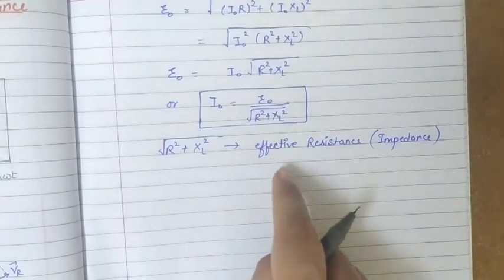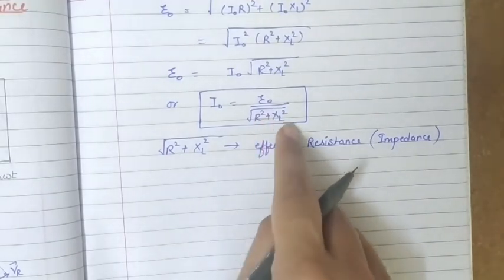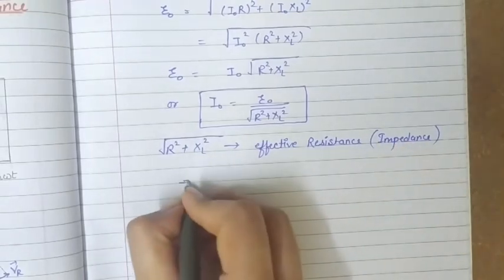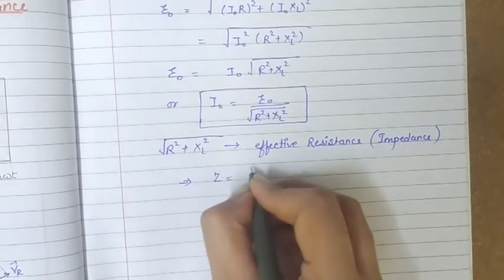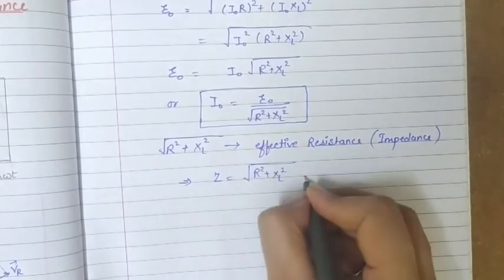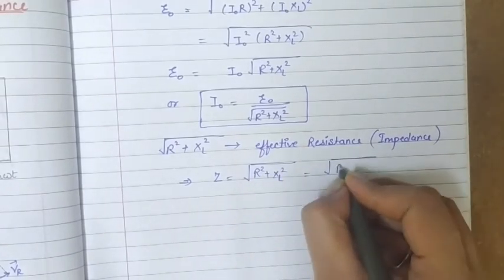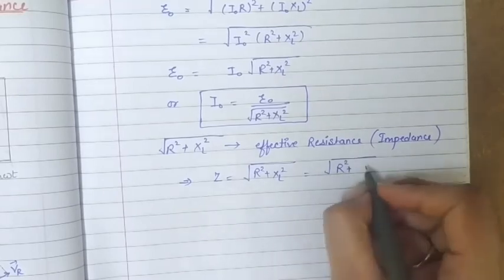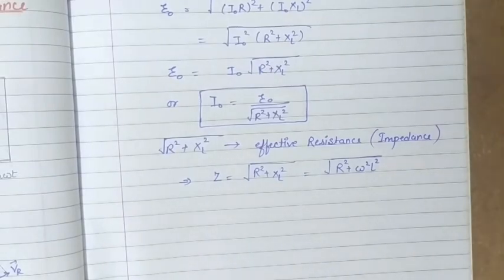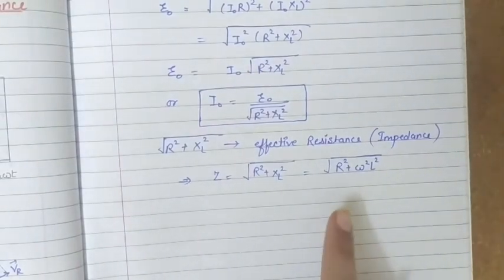So here in this LR circuit, under root R square plus XL square is the effective resistance, so it works as impedance. That implies the impedance Z is equal to under root R square plus XL square, or we can write it as R square plus XL is omega L, then it is omega square L square. So this is the impedance of the LR circuit.